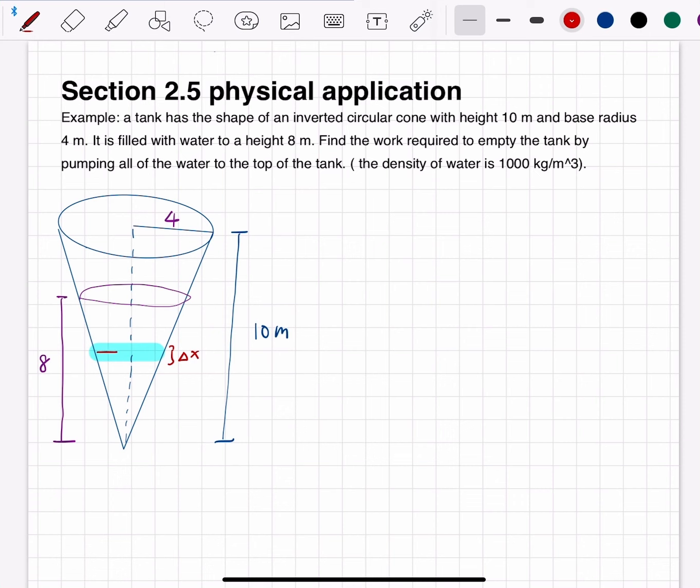The slice will have a radius, which is a mystery radius; we're not sure what that radius is. This also separates the distance from the top to this layer and from this layer to the bottom. Say if this distance is x, then the bottom part is going to be 10 minus x, because the total is 10.